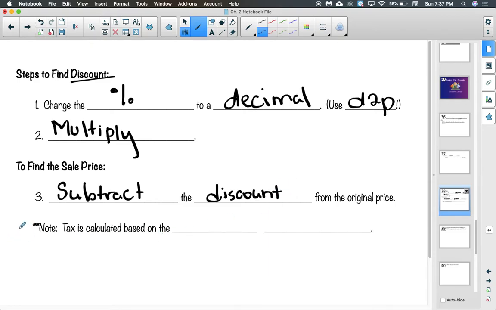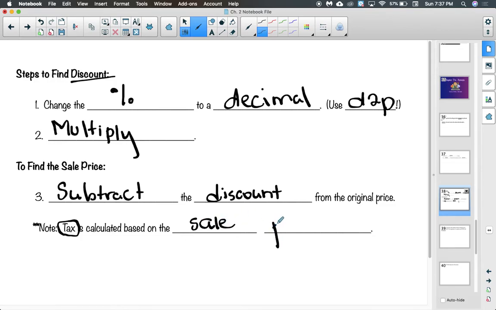Now, here's an important note, because a lot of people have a tough time of when to find tax. So we can still tax prices of items that are discounted, but when we find the tax, we calculate the tax based on the sale price, not the original price of the item.